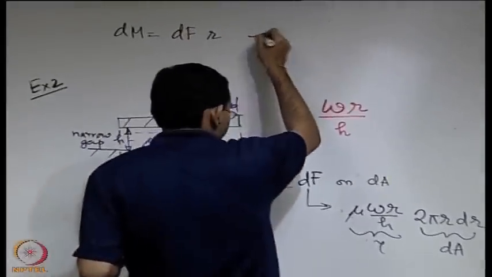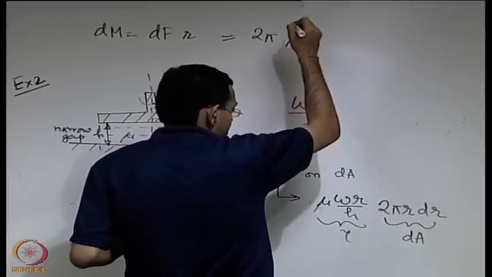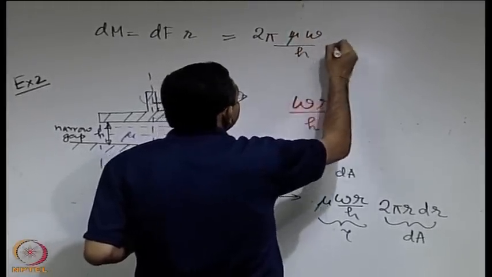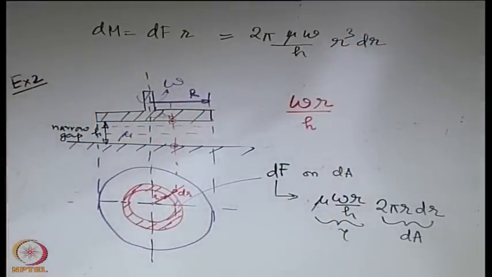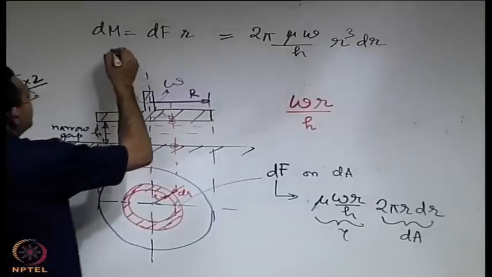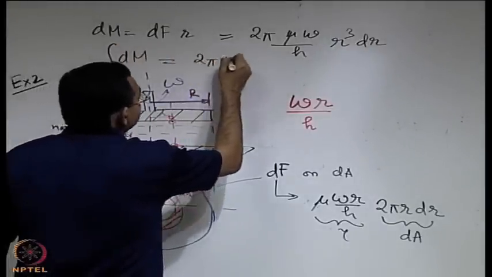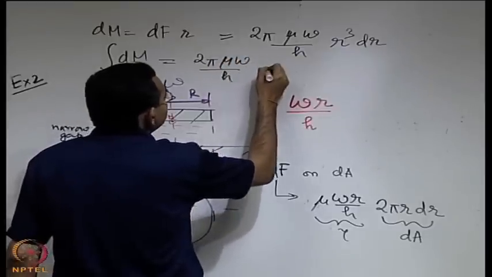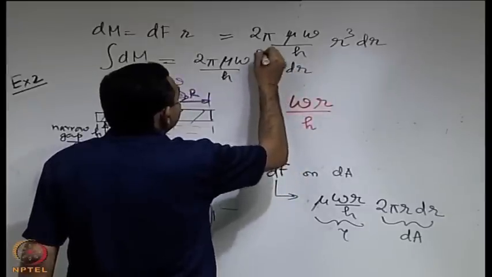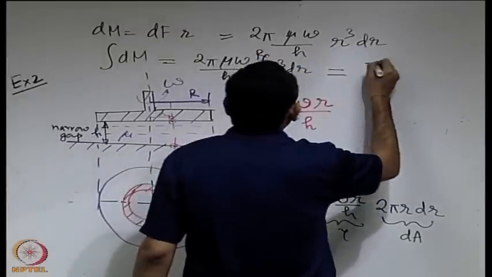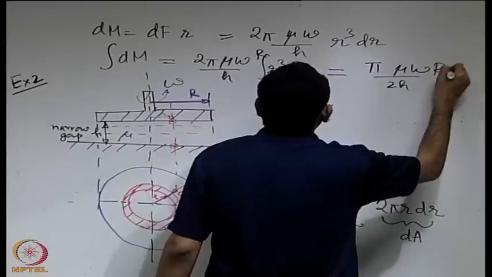So that will be 2 pi mu omega by h r cube dr. So the total resistive moment should be the integral of this from 0 to r. So that will become pi mu omega by 2h r to the power 4.